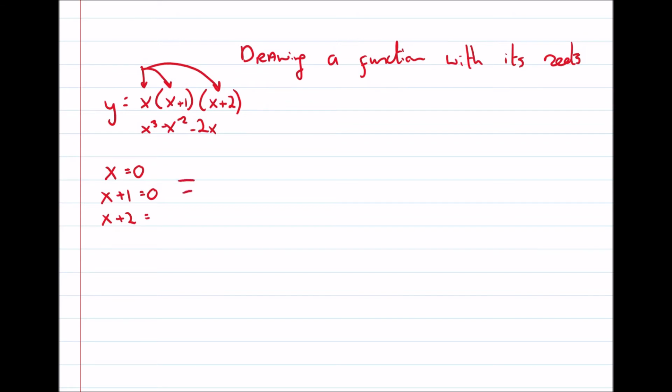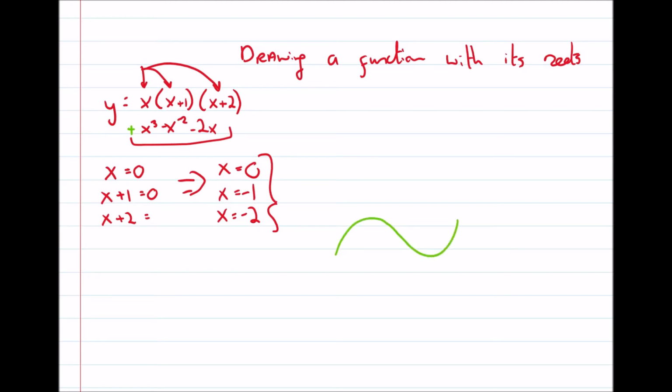So that will give us, obviously, x equals 0, x equals minus 1, x equals minus 2. These are the points that it crosses the x-axis. What shape is it? Well, look here, it's cubic.